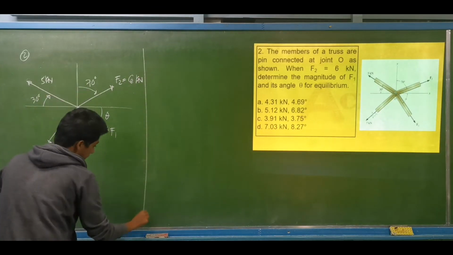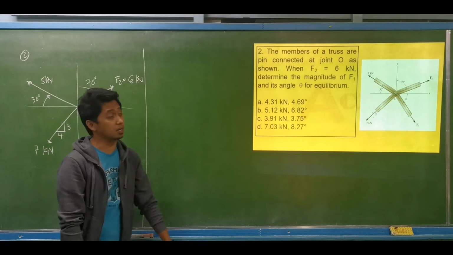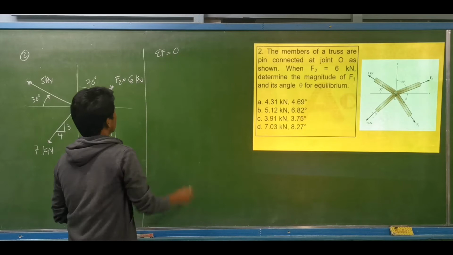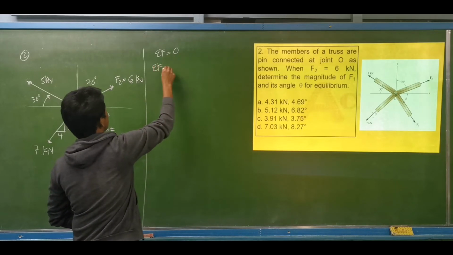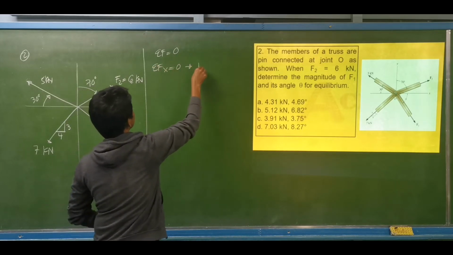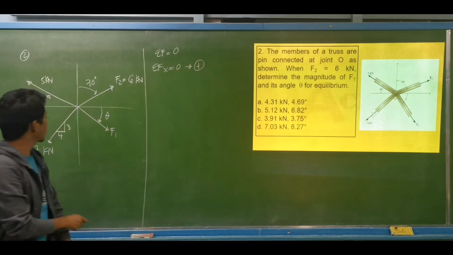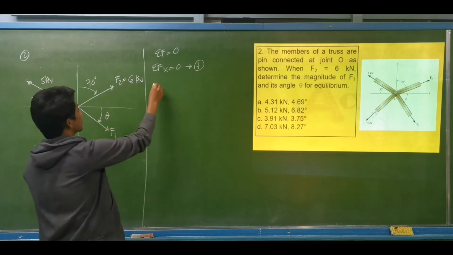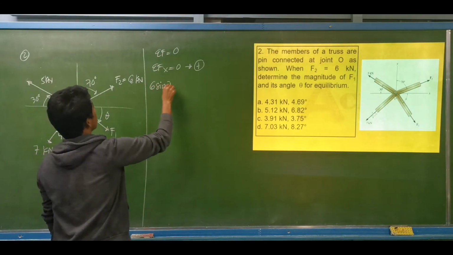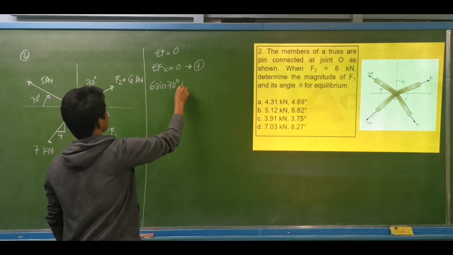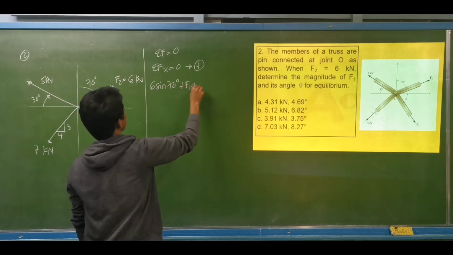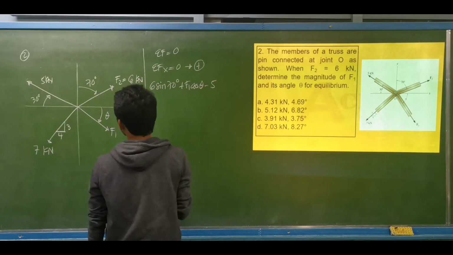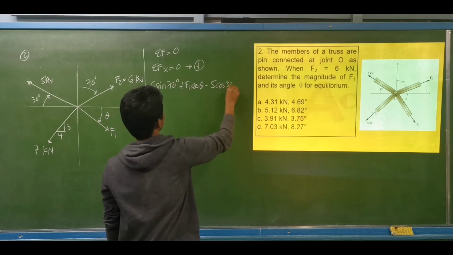So if the forces are in equilibrium, which means the summation of forces is equal to 0. So let's say the summation of forces along x is equal to 0, to the right forces to be positive. What are the forces with horizontal components that are to the right? We have this is 6 sine of 70 degrees, plus F sub 1 cosine of theta, minus this one, minus 5, its horizontal component is cosine of 30 degrees.